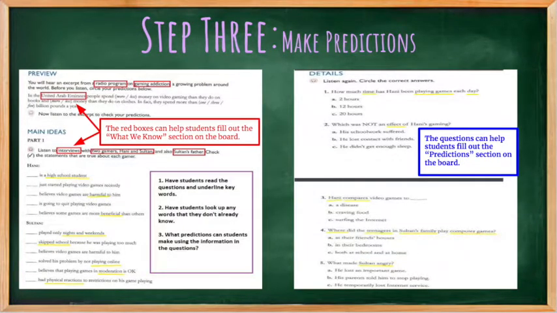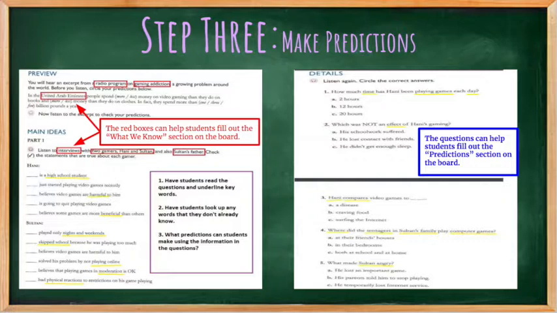The first box, What We Know, and the second box, Predictions, are done before the students hear the audio. What We Know consists of information that the students are certain about. For example, the preview section tells students who is speaking and the type of listening they will hear, such as an interview or a game show.